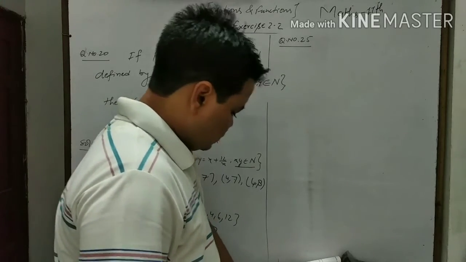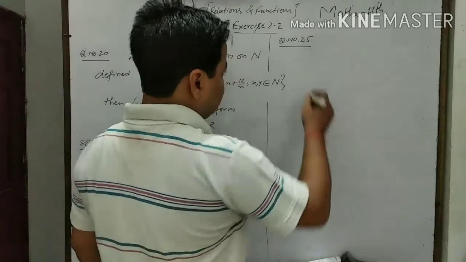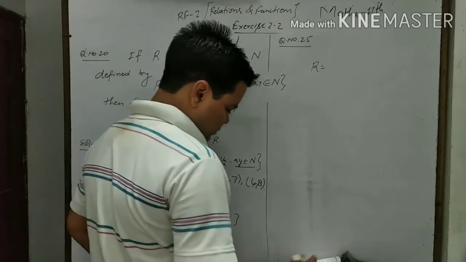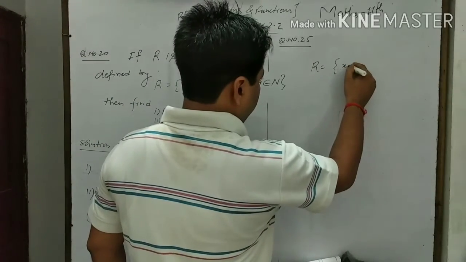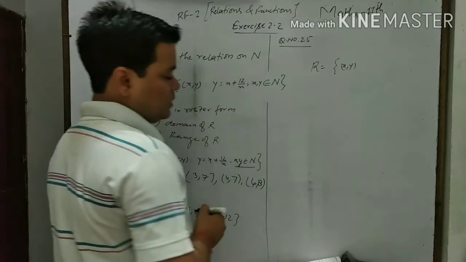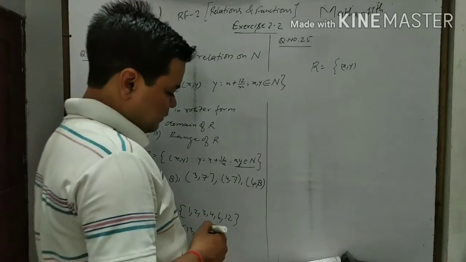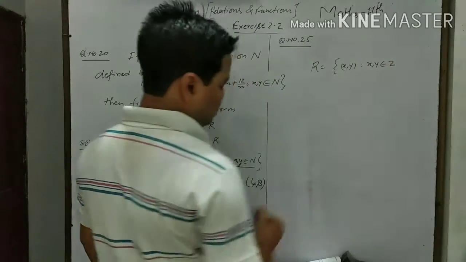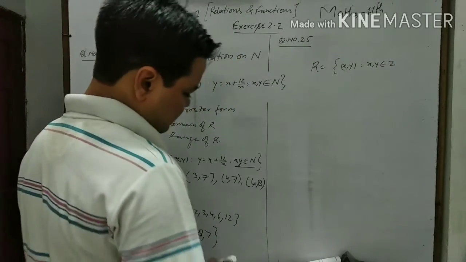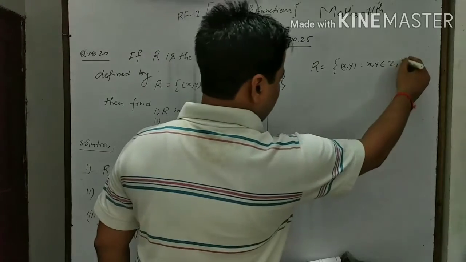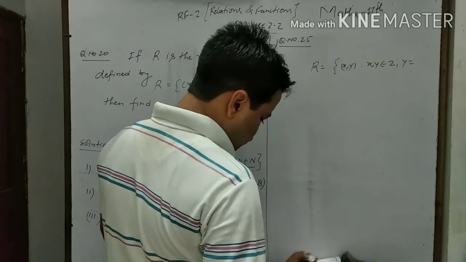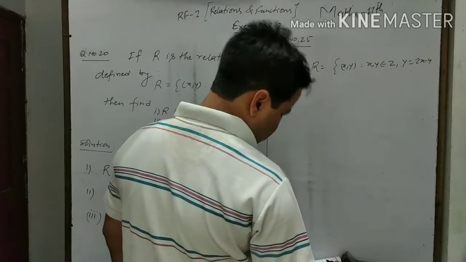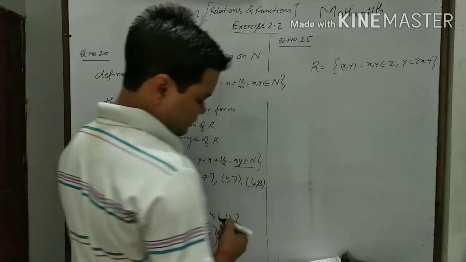Let R be a relation given as R = {(x, y) : x and y are integers, and y = 2x - 4}.